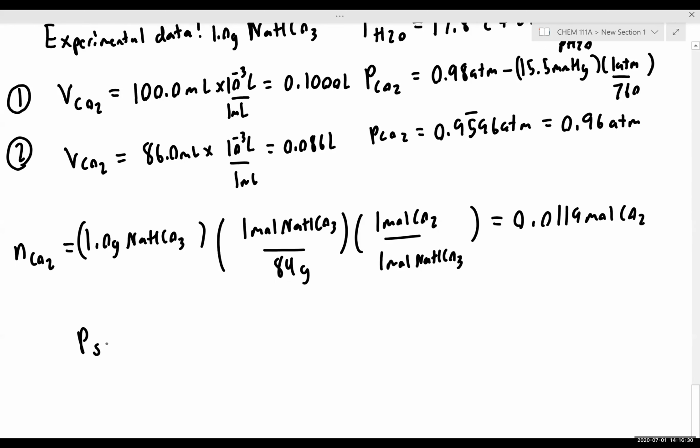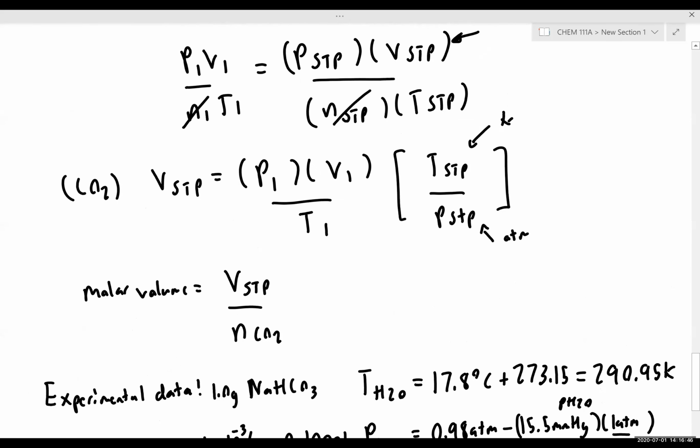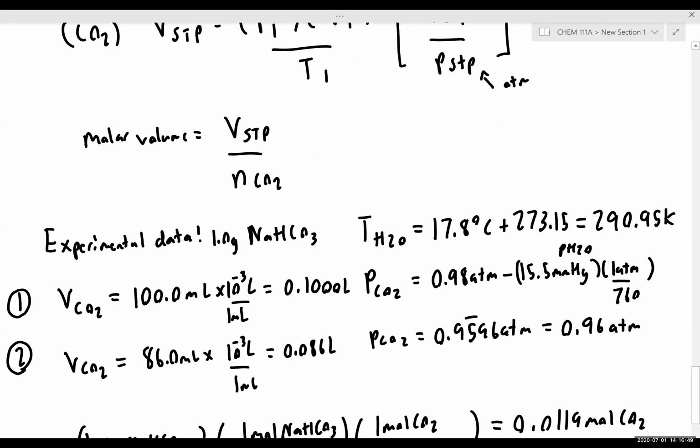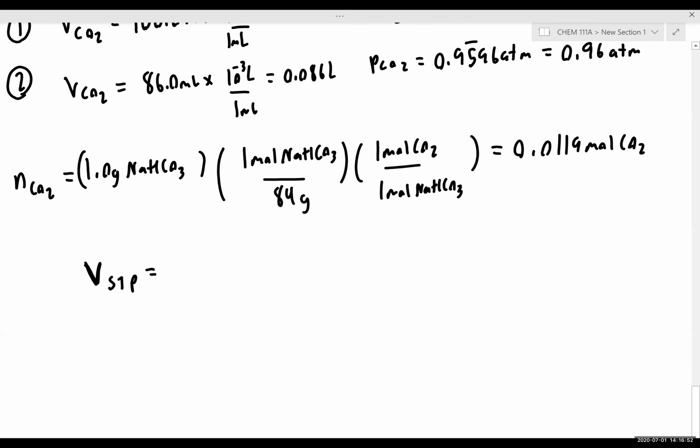So let's calculate the volume at STP. The volume at STP is equal to, let's pull our equation that we derived earlier, the pressure experimental times the volume experimental over the temperature experimental times the temperature at STP over the pressure at STP.